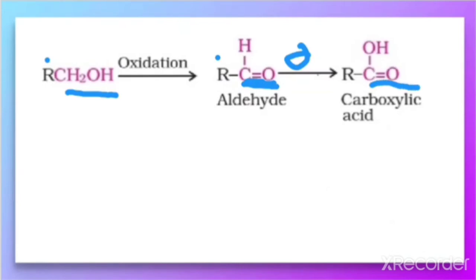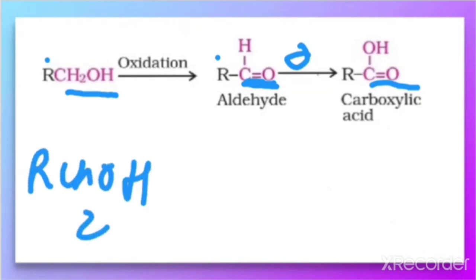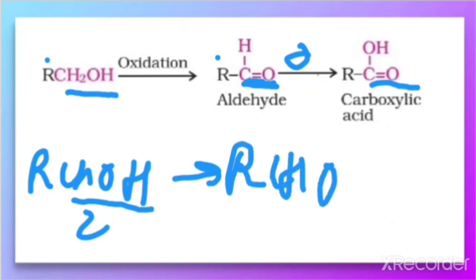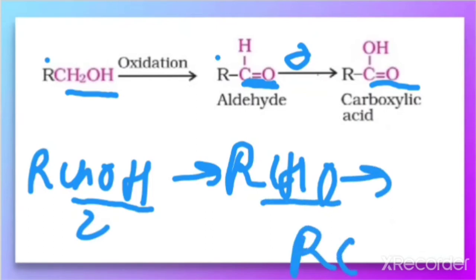So in simple words, RCH2OH, that is an alcohol, on oxidation this part is converted into CHO, that is RCHO. Which on further oxidation, the aldehyde group turns into acid, that is RCOOH.